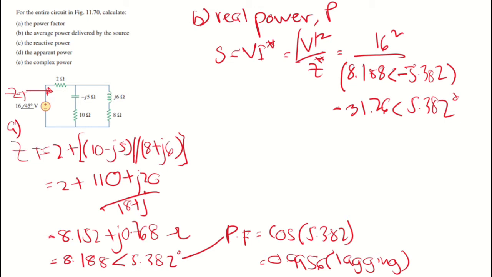From here we need to change it to rectangular form. So this is polar form, this is rectangular form.